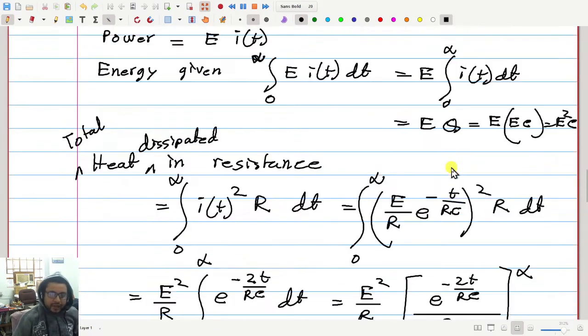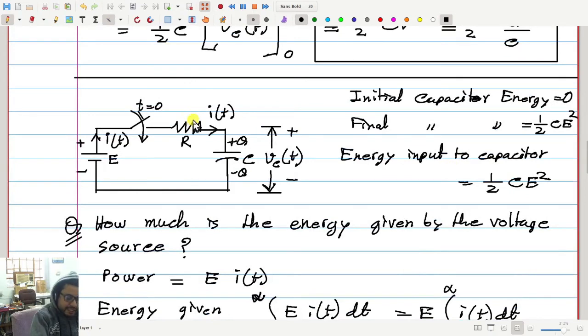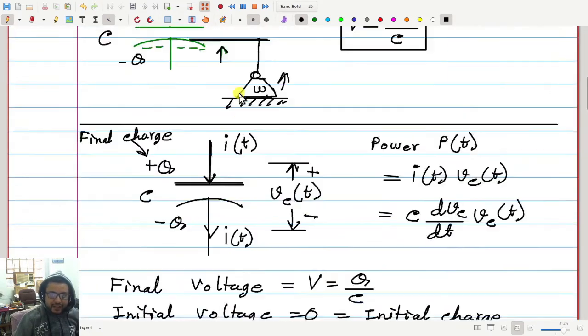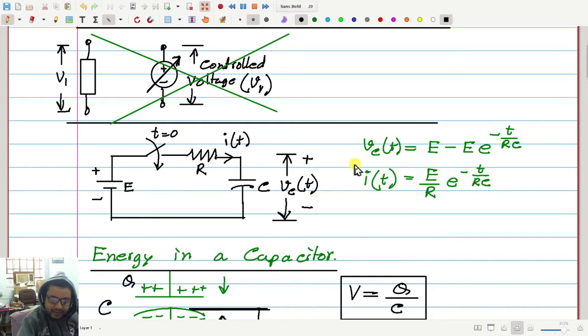What will happen if R is lower? You will say then the heat generated in this resistance will be lower because it is proportional to I squared R. But that's not the case. Total heat will remain same, because if you take lower value of R, current will also increase, because the expression of current is here.